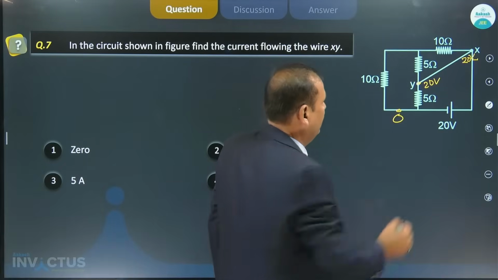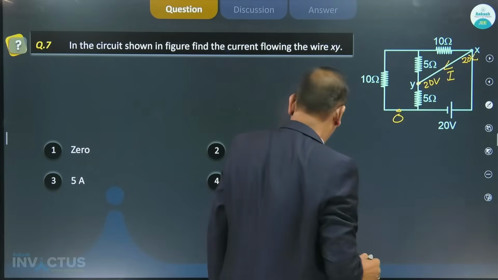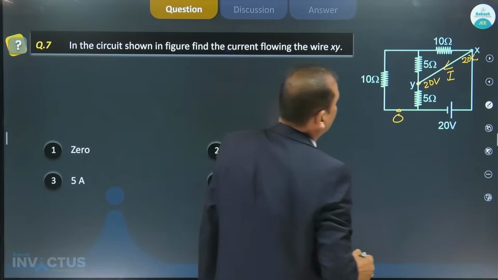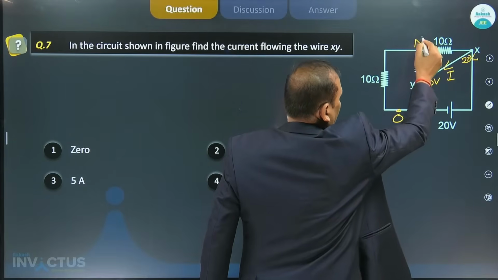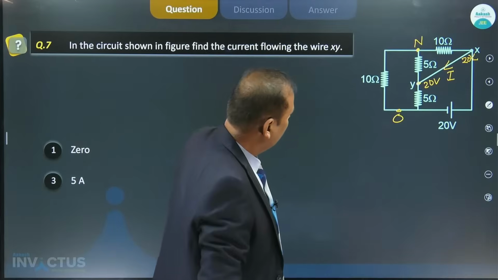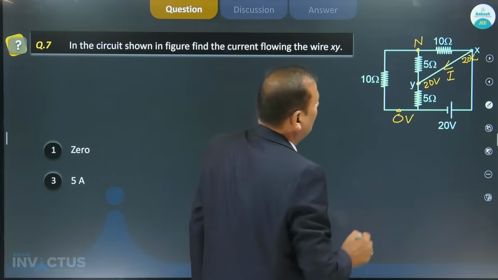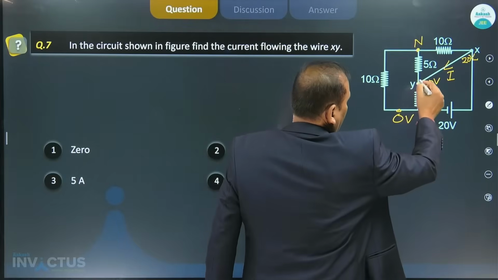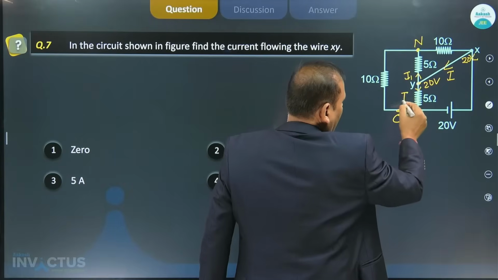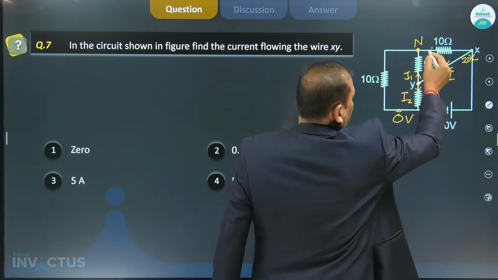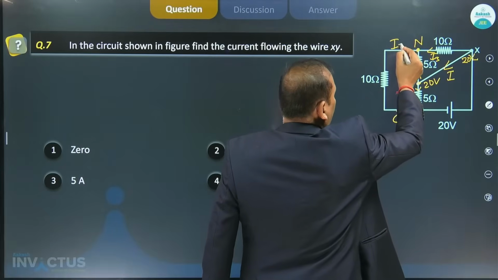So we have to find this current I. Let us take this as n volt potential, and this is certainly 0 volt. So here current I1, here current I2, here I3, I4.